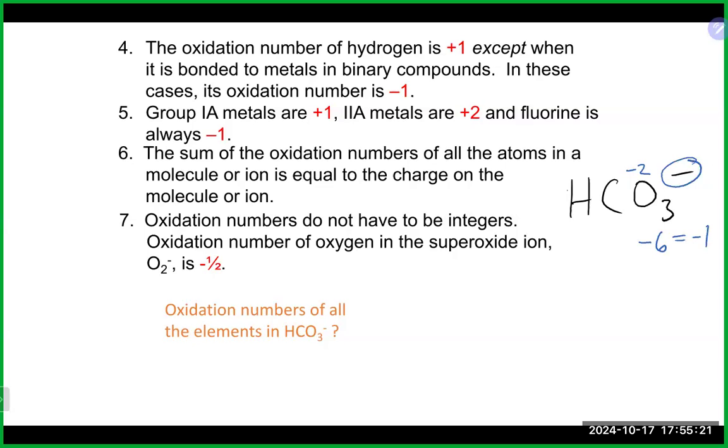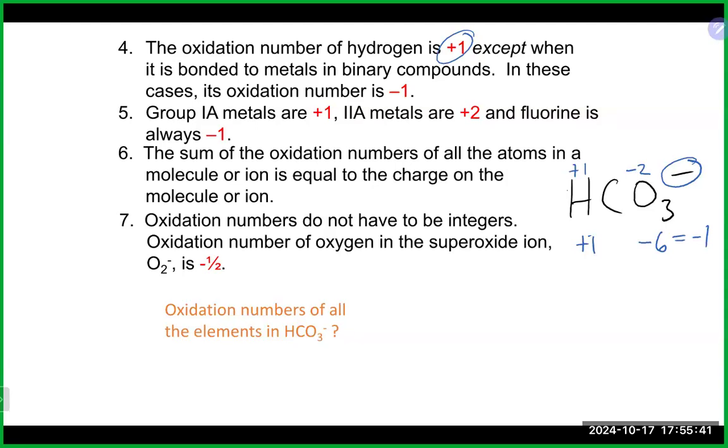Now, I'm going to go to the left-hand side. Again, I'm going to leave the one in the middle for the end. So left-hand side, that is hydrogen, which is +1. So I have a +1 here. So now I leave the guy in the middle. It needs to add up to -1.